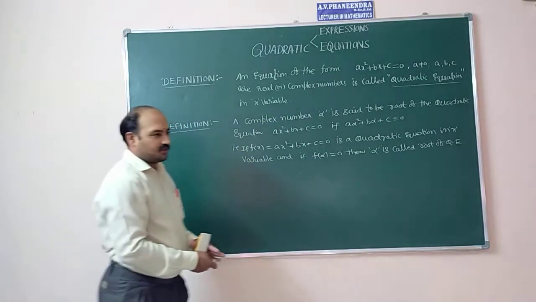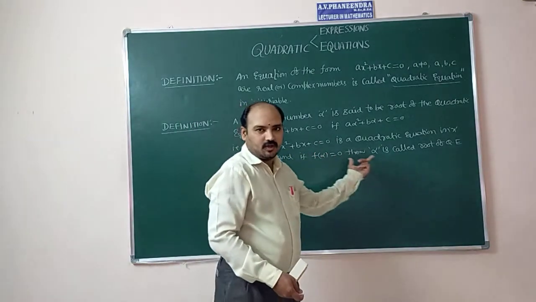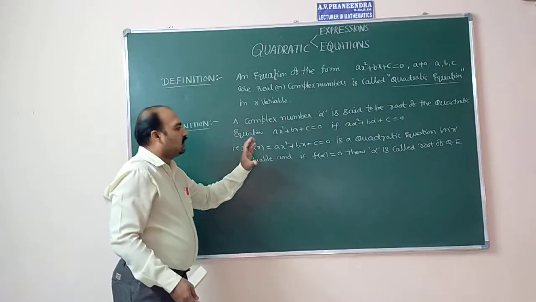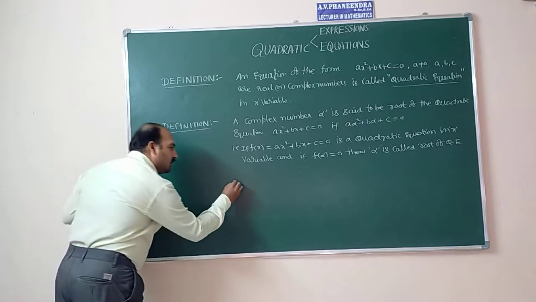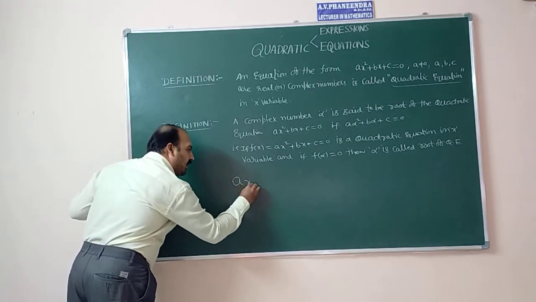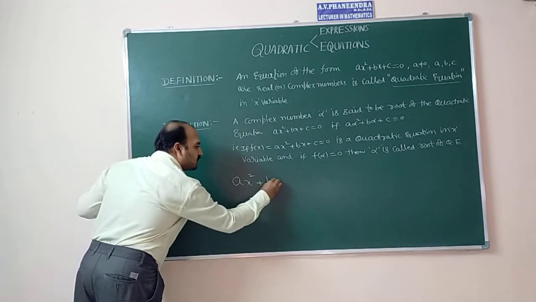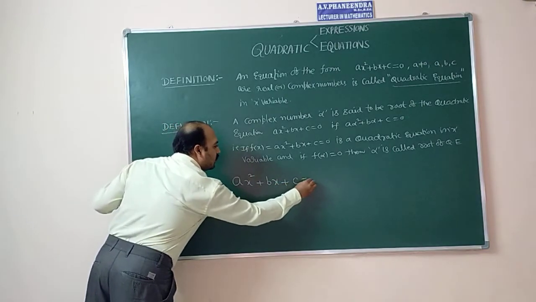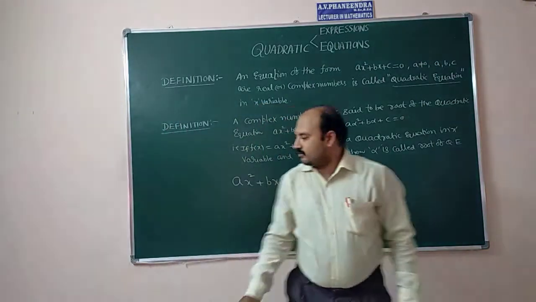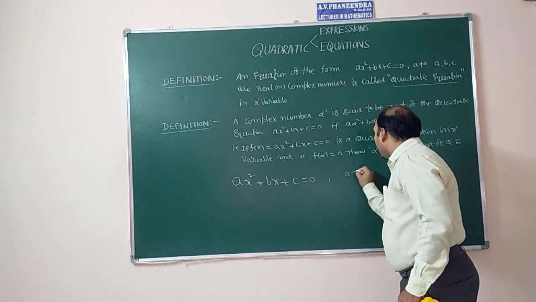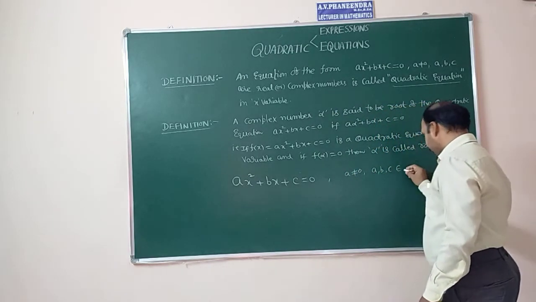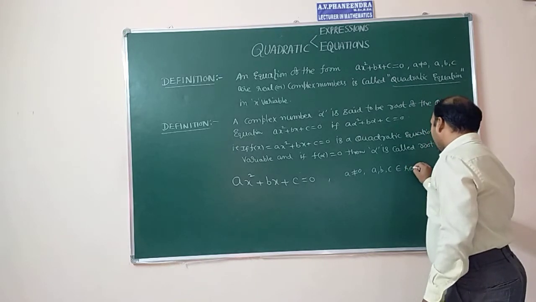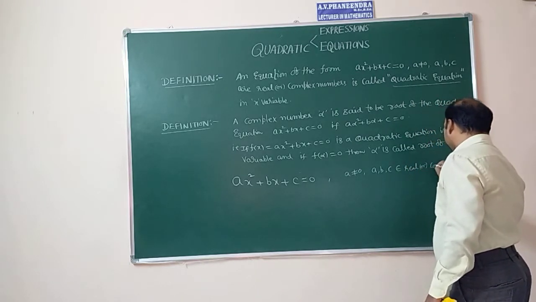How to find the roots of this quadratic equation? Before that, first, in this expression, what are the terms you have to identify? This is the quadratic equation ax square plus bx plus c equal to 0, where a is not equal to 0, and a, b, c belong to real or complex numbers.